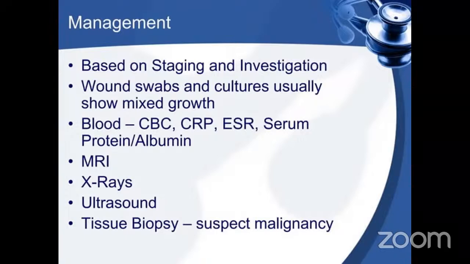Is there any compromise there which can cause the ulcer as well? And lastly, tissue biopsy, because a prolonged skin ulcer can convert into squamous cell carcinoma, which we call Marjolin ulcer.